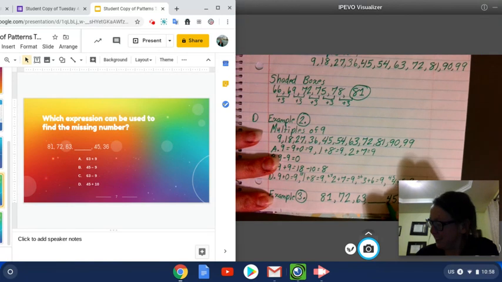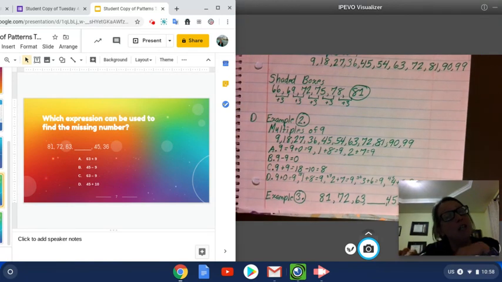All right. Now, if you have not finished, keep me paused so that you can check yourself. It says, which expression can be used to find the missing number?